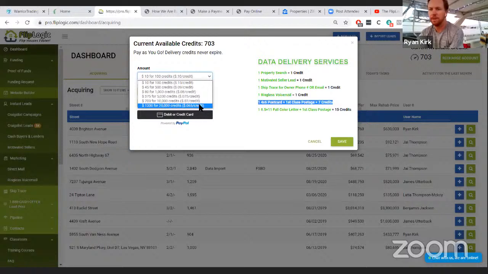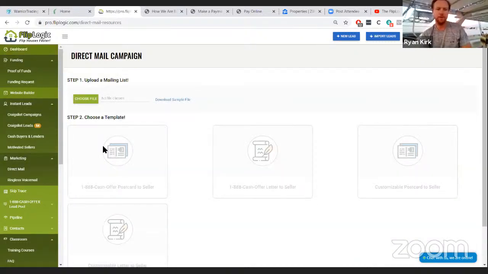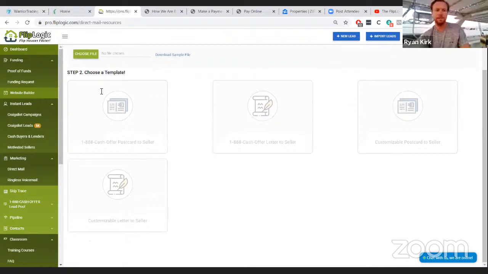So that's only like 50, what is that? No, it's 47 cents. For those of you who are following along at home, 6.5 times 7, it's 45 cents. So for 45 cents, or as low as 45 cents, you can send out a direct mail postcard to folks.